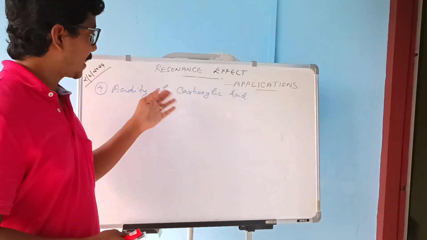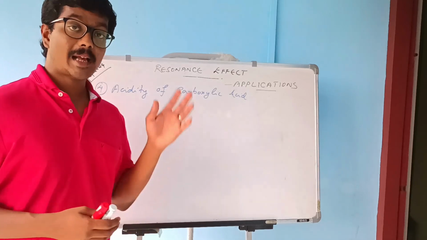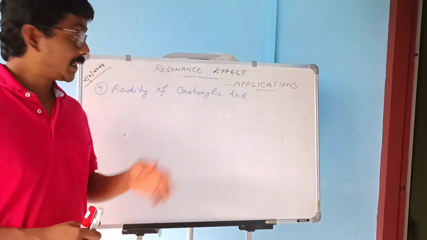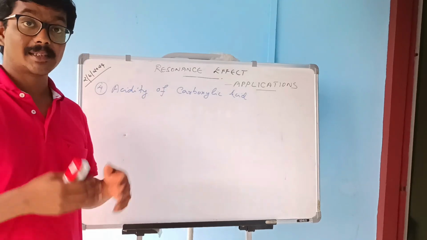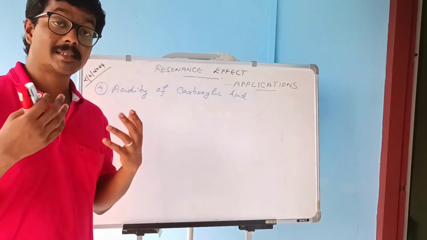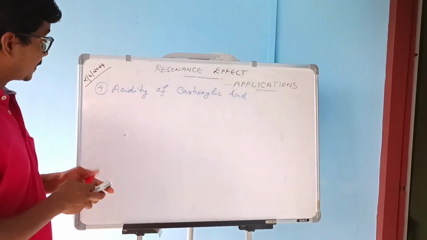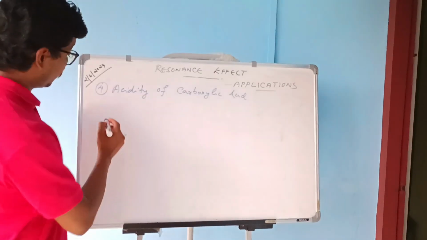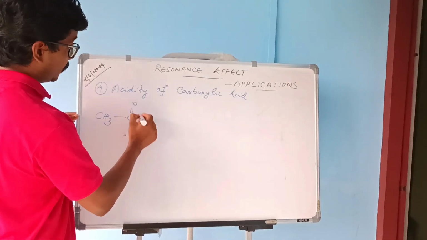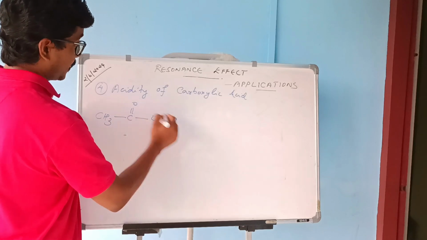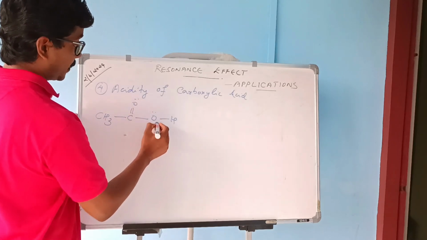The fourth application is to determine the acidity of carboxylic acid. We can use the resonance effect to explain the acidity of carboxylic acid, how the carboxylic acid is acidic. Let's take the example of acetic acid, the famous acid, C double bond O H. A lone pair is there.